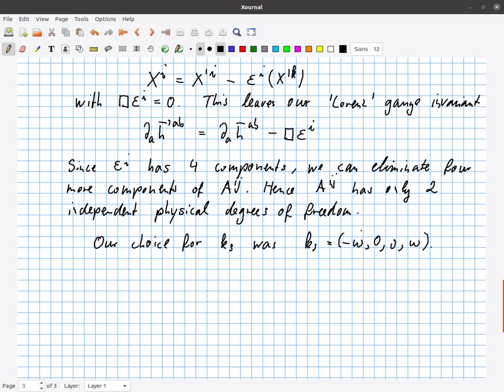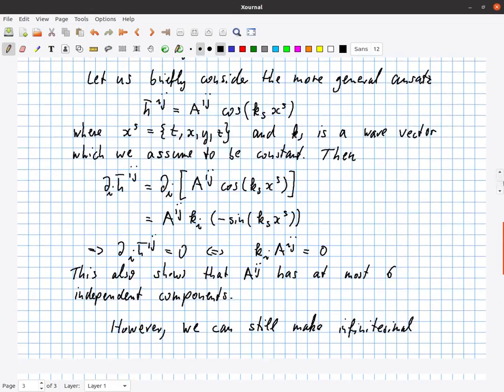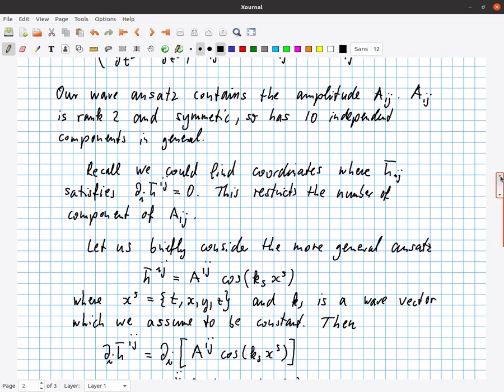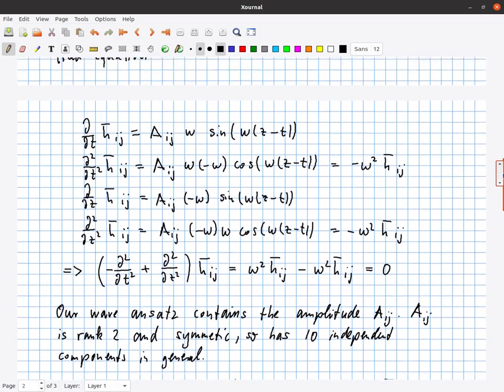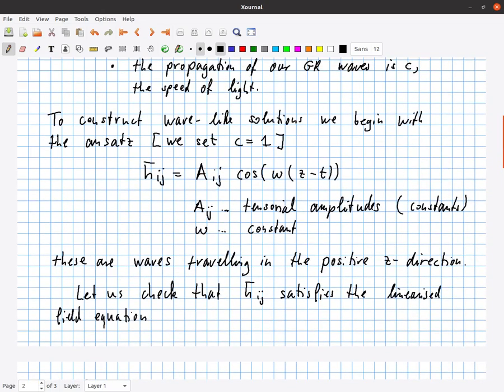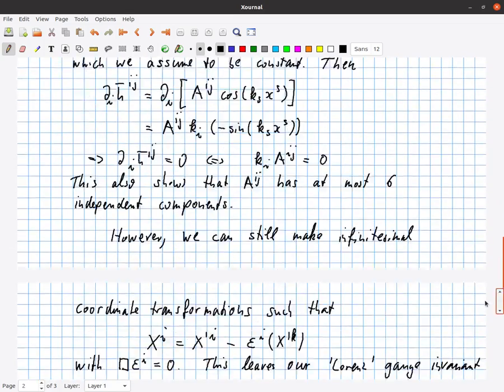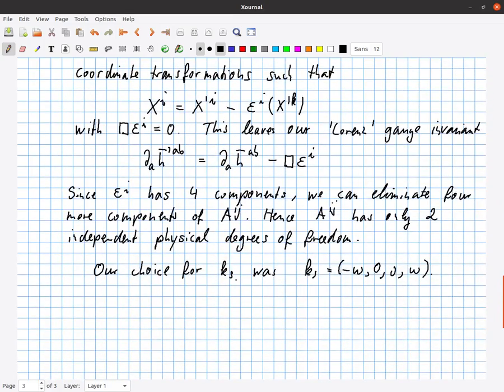For this choice, we had the solution that is given up here. Oh, that's quite high up. I better write this down again. So our choice for this K_s was that particular vector. And we had h̄_ij equals A_ij cosine omega (z minus t).